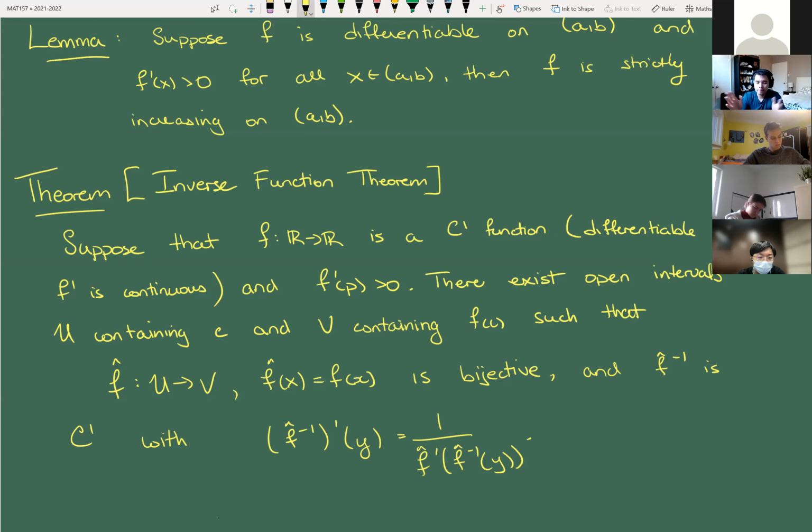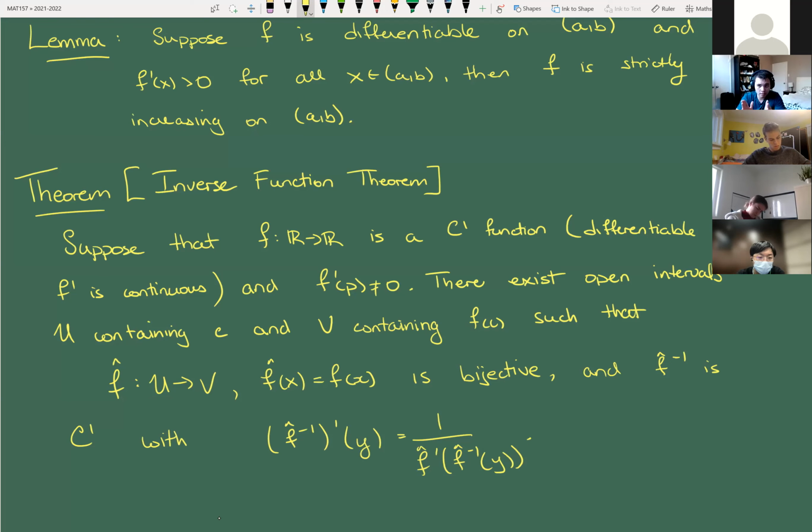We have no idea. But what we're saying is, if there's a point where the derivative of f is not 0, then by restricting f to a small enough interval, I can be guaranteed that it is bijective.